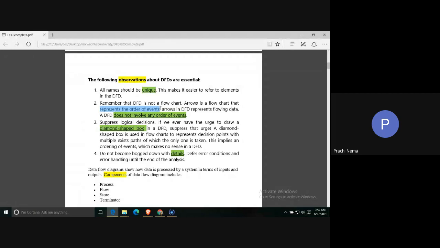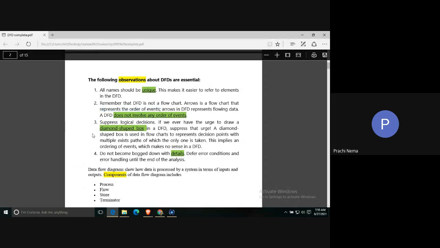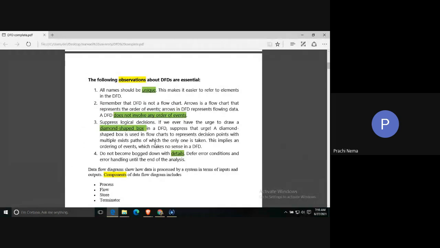Then the third observation is that the diamond-shaped box, which we use very often in flowcharts, is not present in a DFD. Diamond-shaped boxes are meant for the decision-making part. They are used for decision-making when you are making a flowchart. The decision-making concept is not present in a DFD, unlike a flowchart.